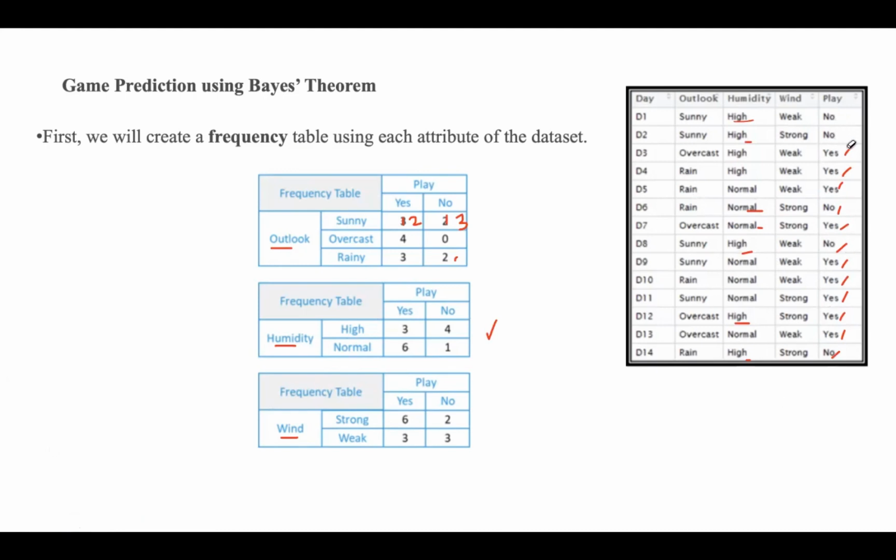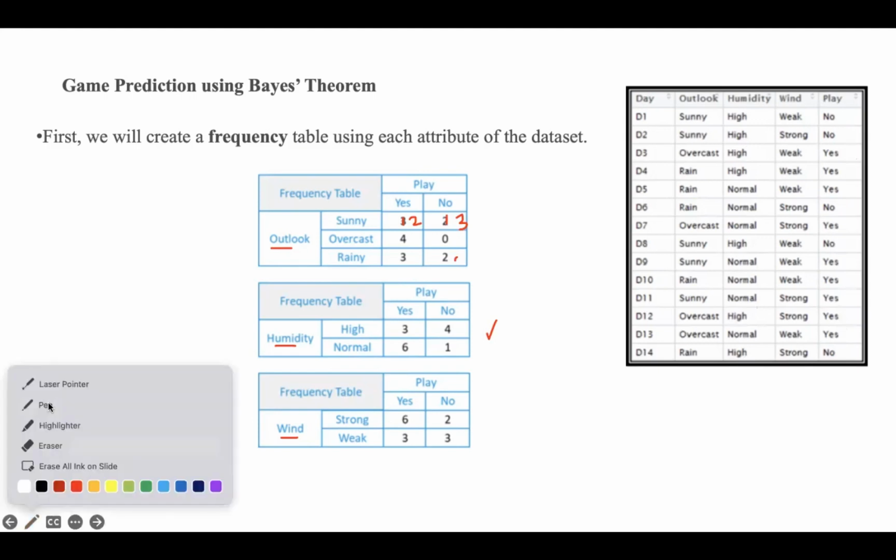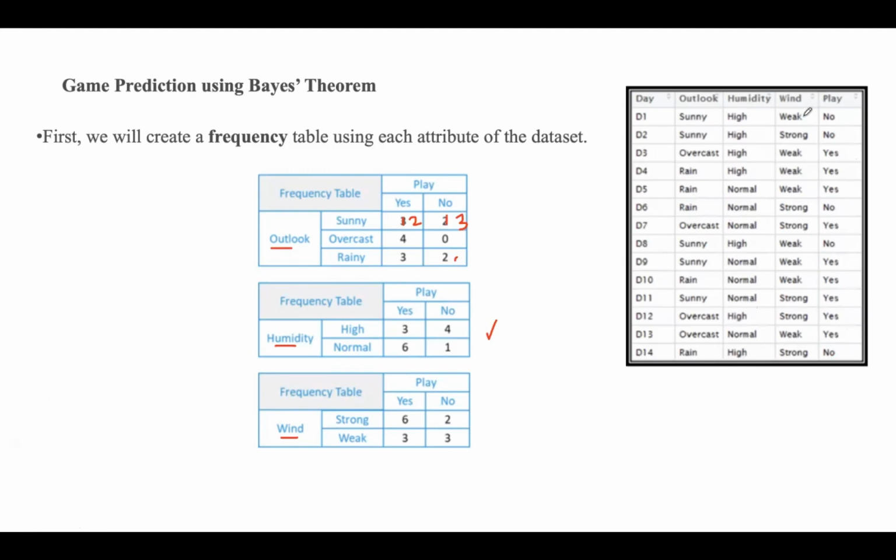Calculate for wind, strong and weak. So wind strong is 1, 2, 3.